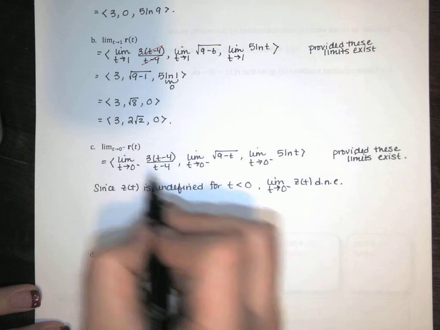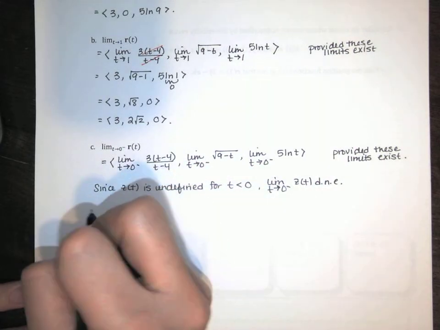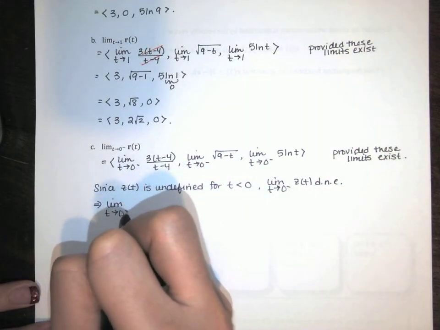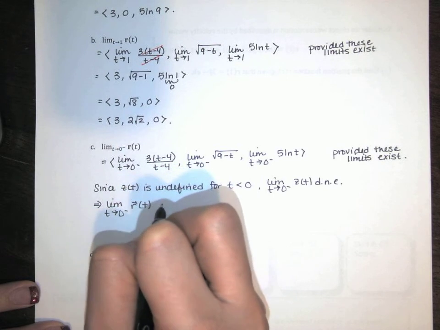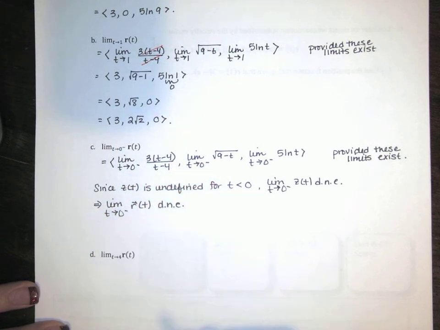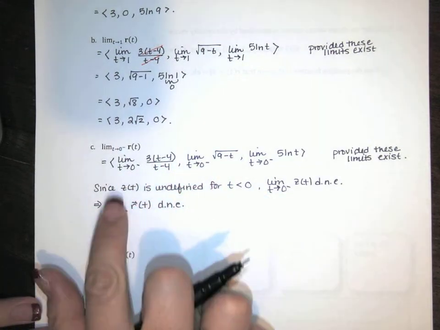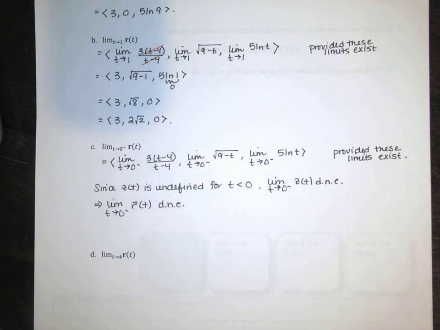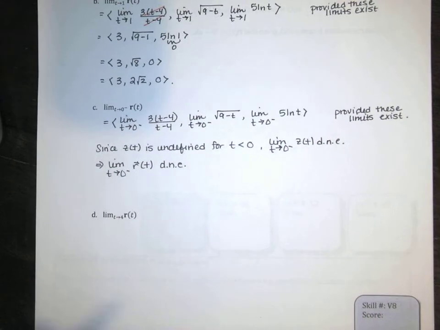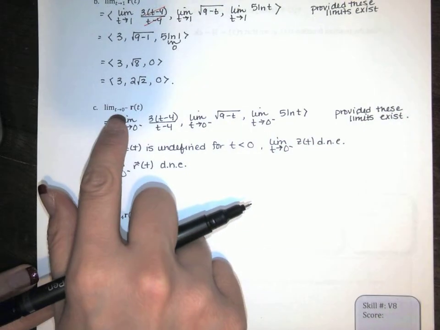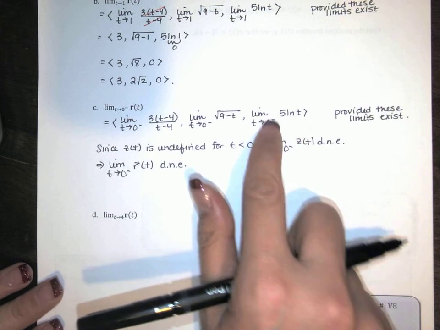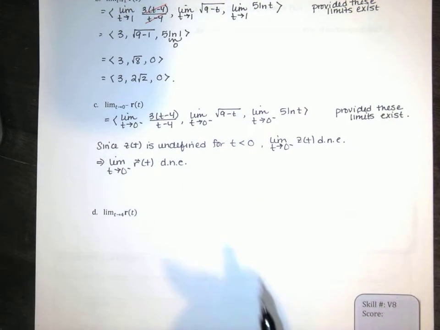And if that limit does not exist, that means that limit does not exist. And if you wrote, since natural log of 0 is undefined, the limit does not exist, that will work as well. But I think more precisely, we can't take the limit as t approaches 0 from the left, because that function doesn't even exist there.